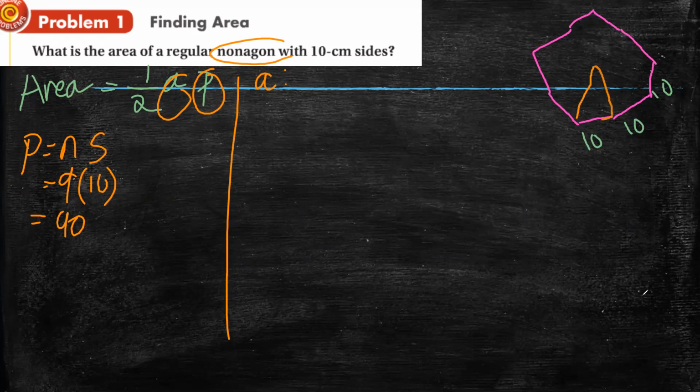Its base is a side of the nonagon. Then, as you see from here, if this is 10, there's a line that's perpendicular to the base, we name it A. So let's focus on this triangle here.